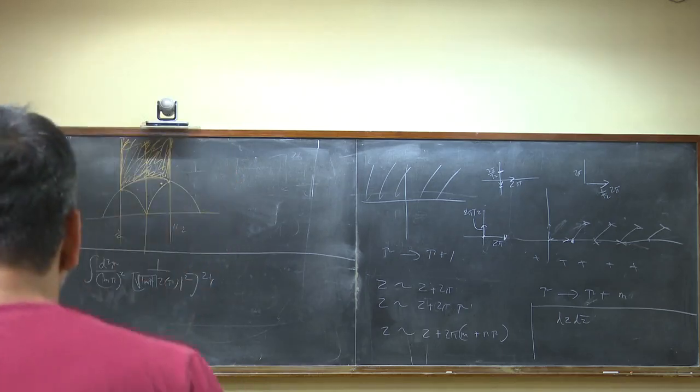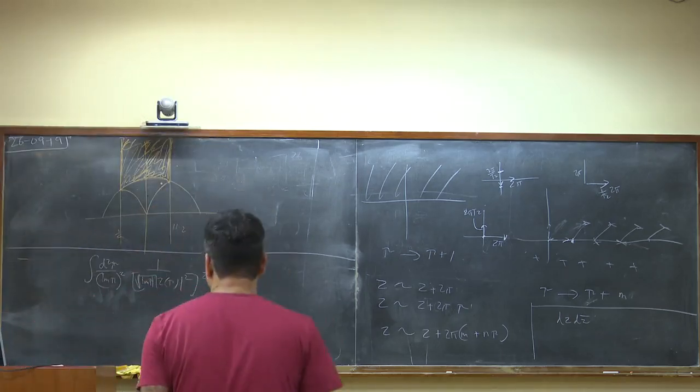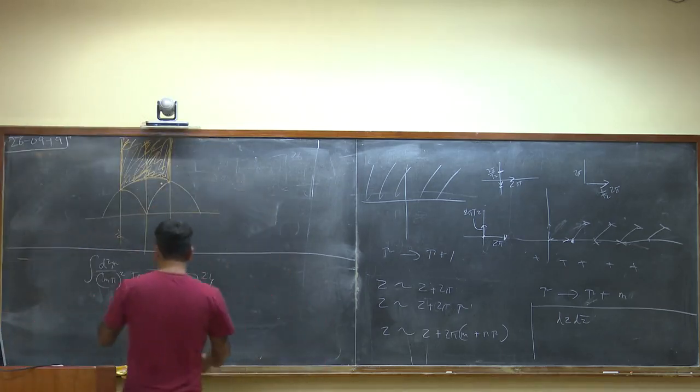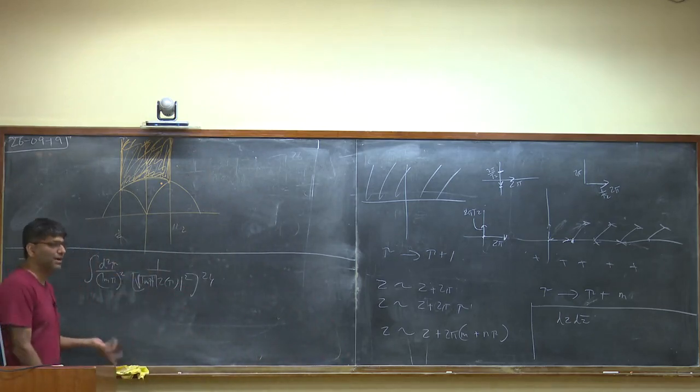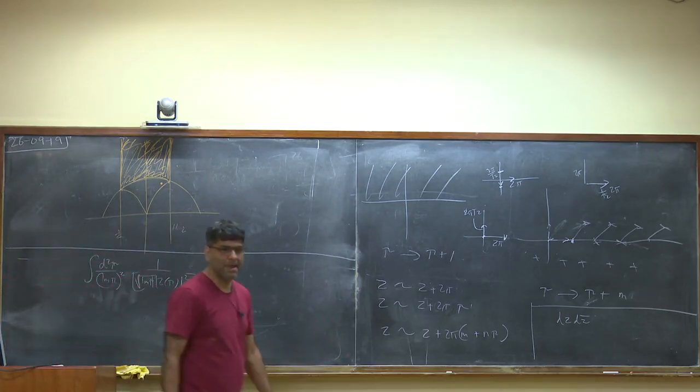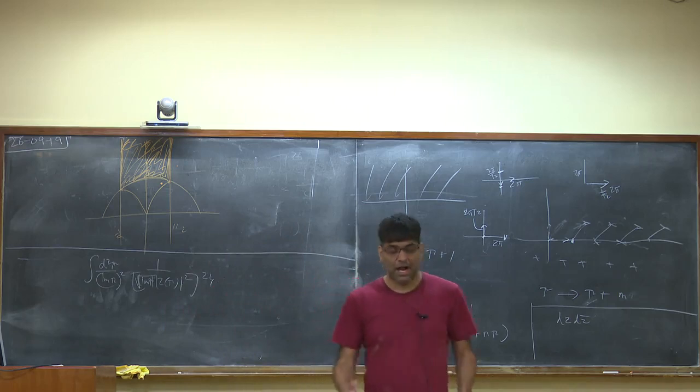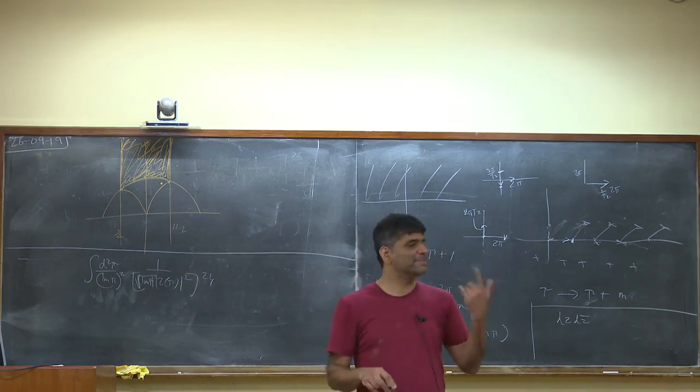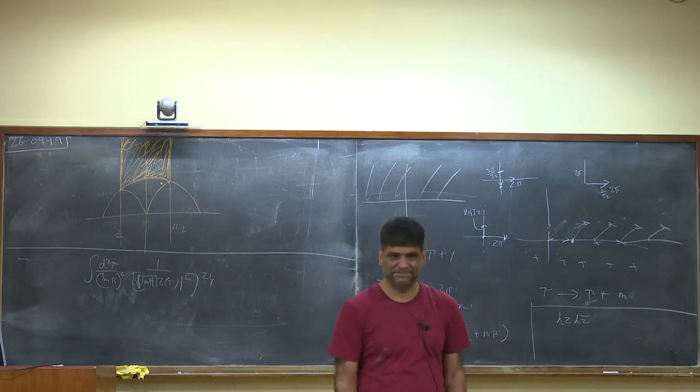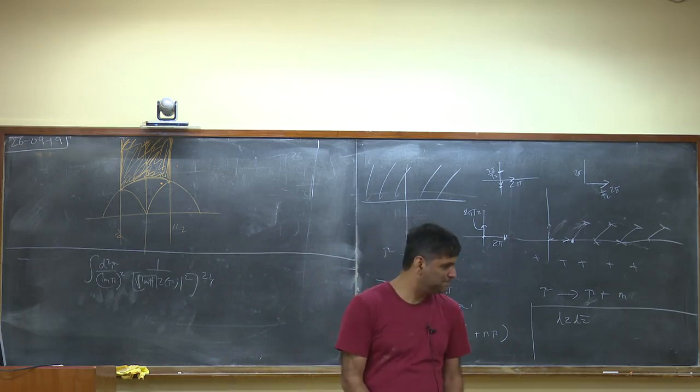Okay, so we've got this nice formula here, and I want to interpret this in terms of quantum field theory. What I mean is, all we're doing is one loop string theory. And at one loop, string theory is free.